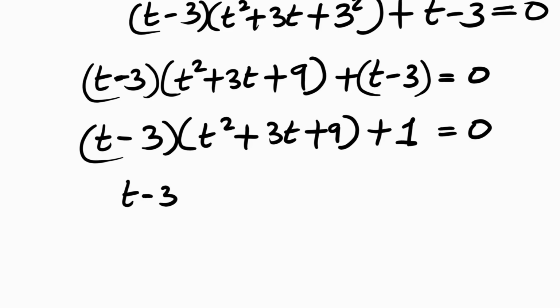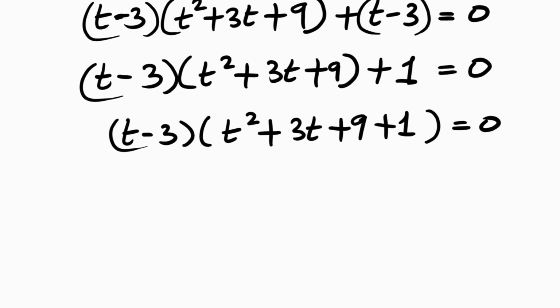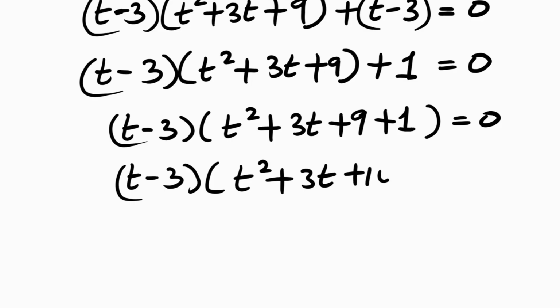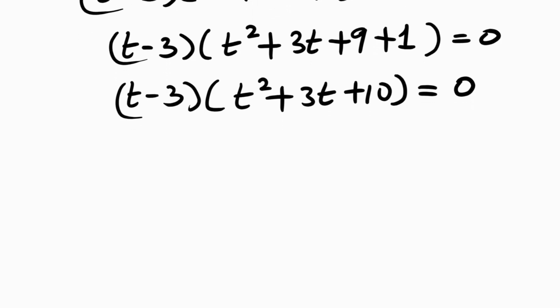So this becomes t minus 3 into t squared plus 3t plus 10 equals 0. So now we have two solutions.